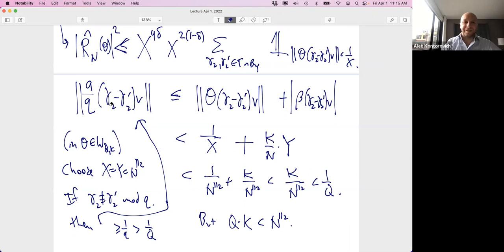In other words, gamma 2 has to be congruent to gamma 2 prime mod Q. The only reason why this number is so close to an integer is because gamma 2 is congruent to gamma 2 prime mod Q.